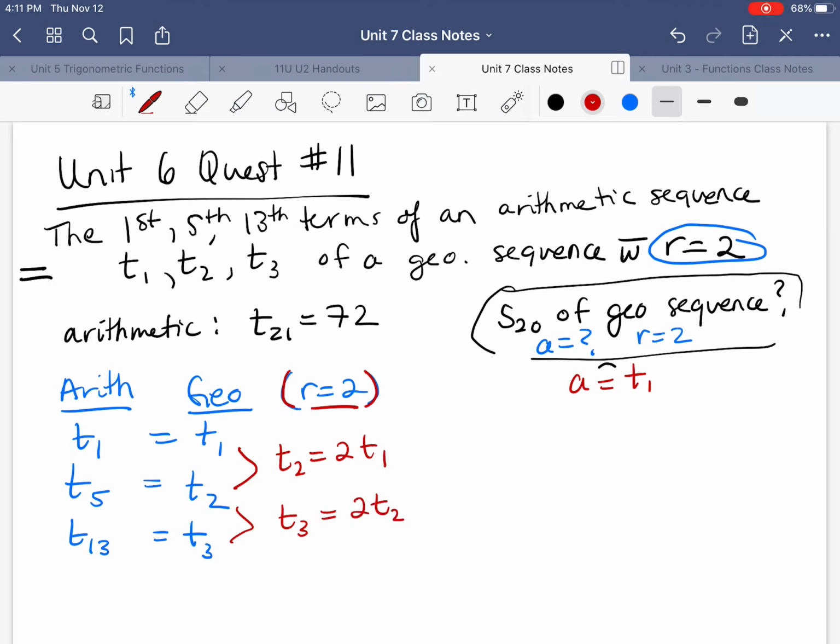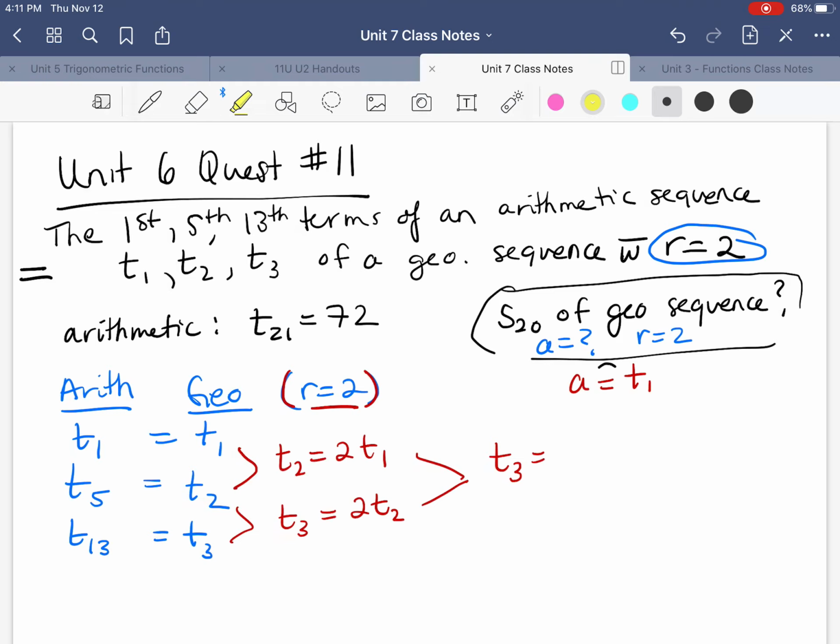We can consolidate these two equations so that we have T3 in terms of T1, and this is all to help us find T1.